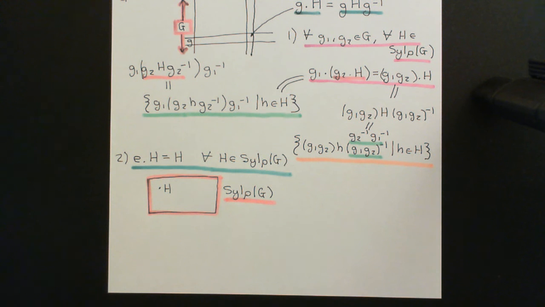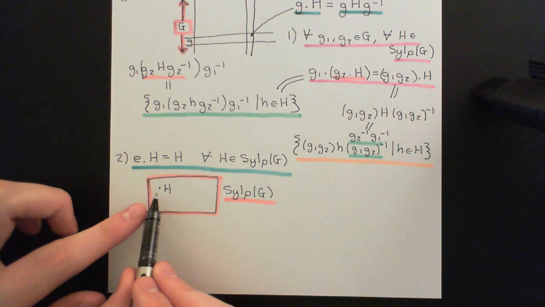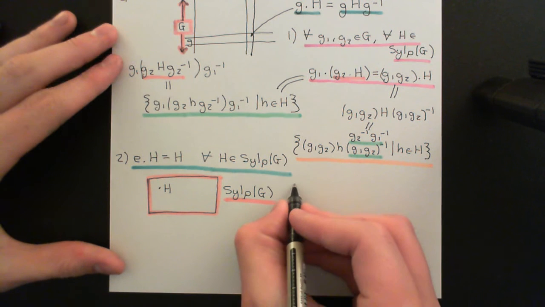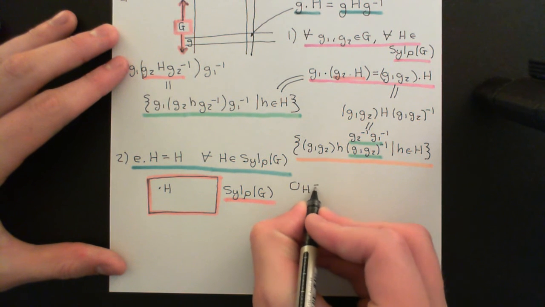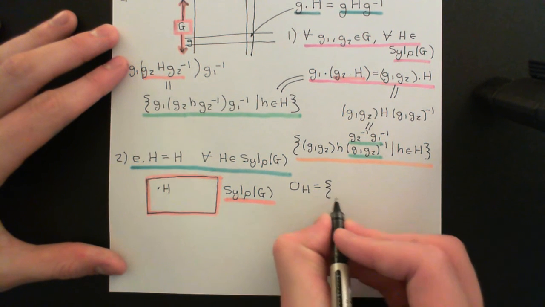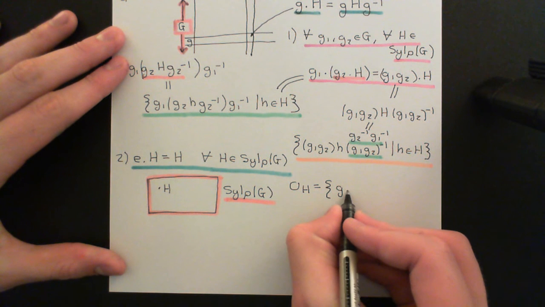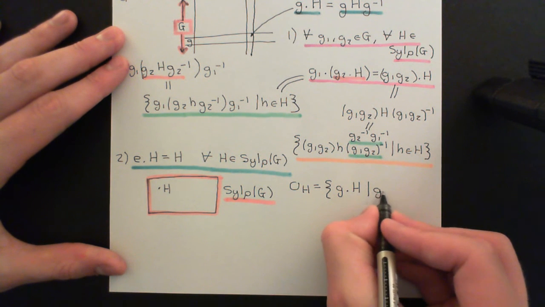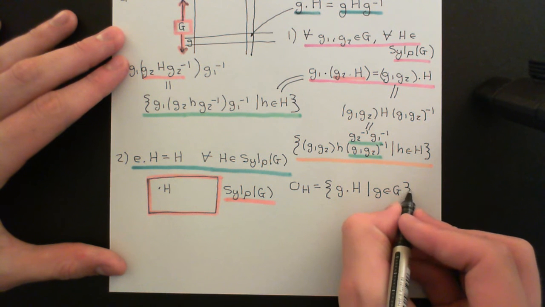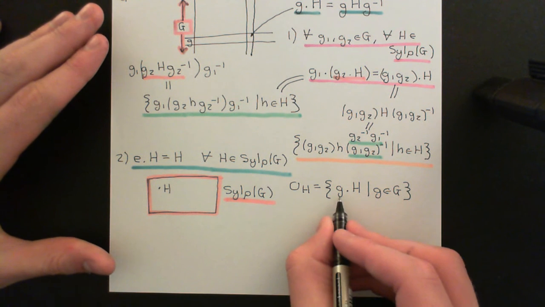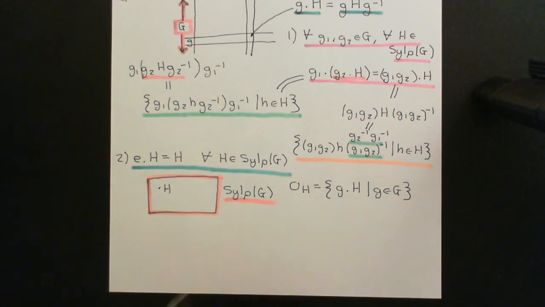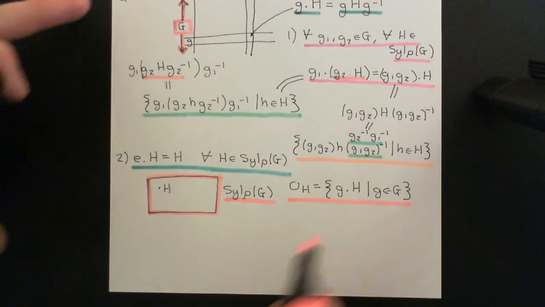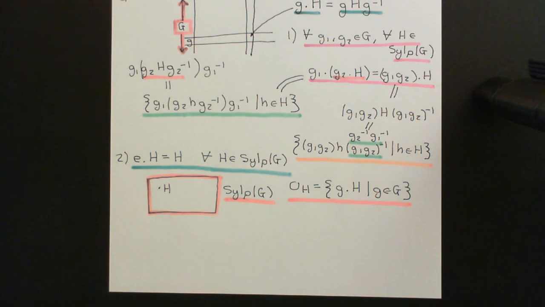So if I go through and conjugate this by every single element of the group, which is what I'd do if I wanted to construct the orbit of capital H, I go through all the elements of the group and act them on this Sylow P subgroup capital H. So I let g vary over all elements of the group, and remember that the action just means conjugate that subgroup by the element little g. So I'll take all of the conjugates of this Sylow P subgroup by elements of the group.